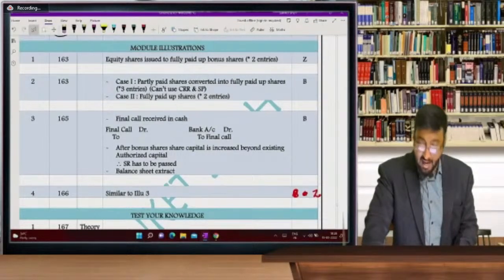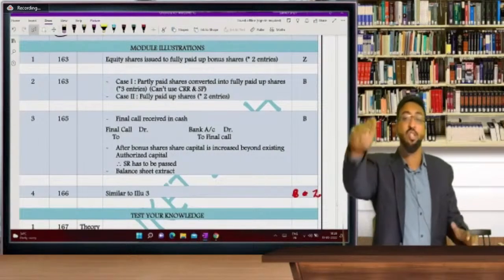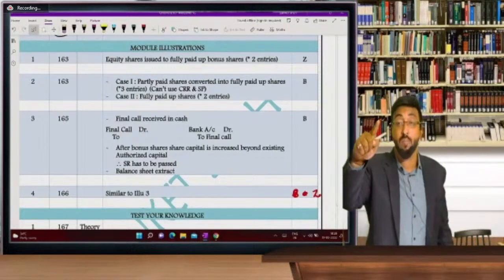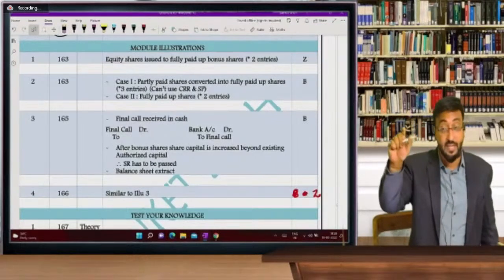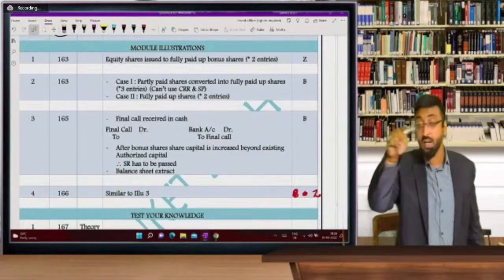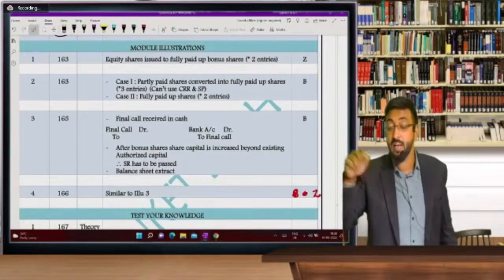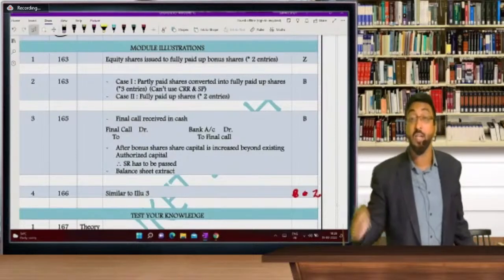Yes, today a new chapter with new energy, redemption of preference shares. So beta, this is how we have to prepare the extract of balance sheet: share capital, reserves and surplus. After share capital, reserves and surplus, we have to write note number 1. Note number 1 is share capital. Authorized share capital is only for presentation. In share capital authorized, two will come, preference and equity share capital, and then double underline, because double underline means it is only for presentation. After that, issued, subscribed and paid up capital.